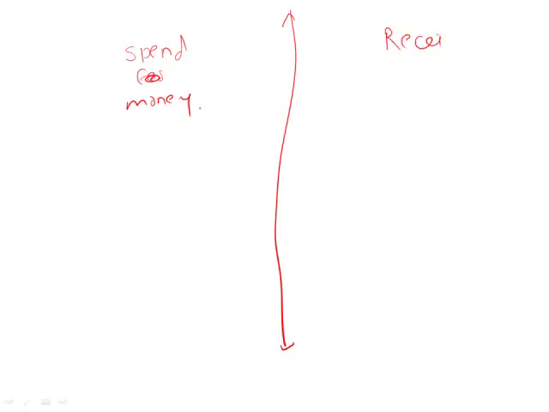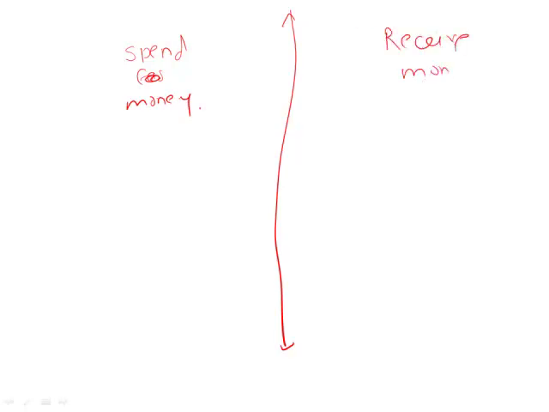Anyways, now see, the way I classify is slightly different than what is written in the textbook, but it will help you understand. It's an easy way of looking at it. When I spend money and when I receive money, it's the easiest way to understand this.